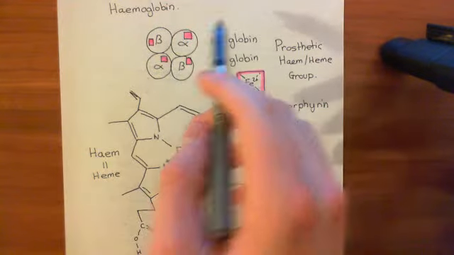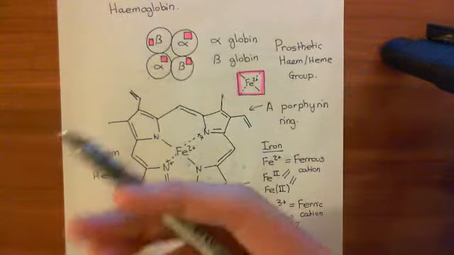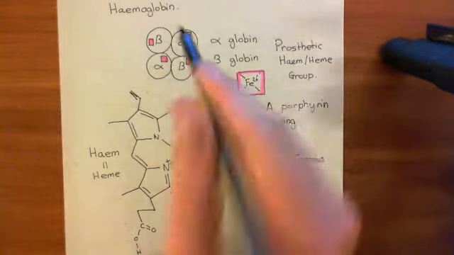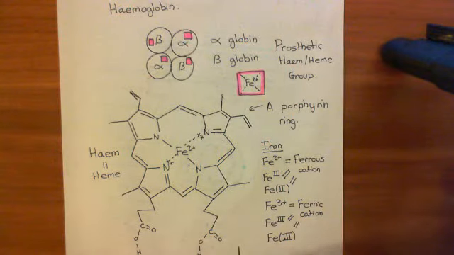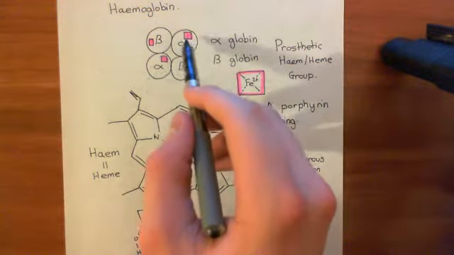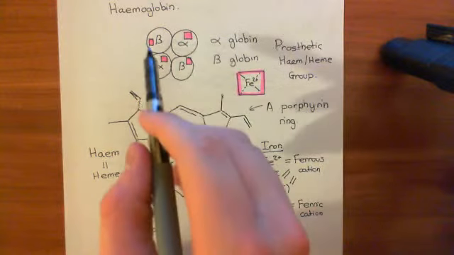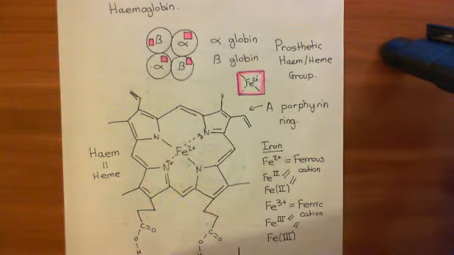This is how hemoglobin transports oxygen. Oxygen will bind to the remaining 6th coordinate bond of the prosthetic heme groups on all 4 of these globin proteins, so 4 oxygens will overall bind to a single hemoglobin protein, 1 to each of the prosthetic heme groups, in this 6th coordinate bond position.